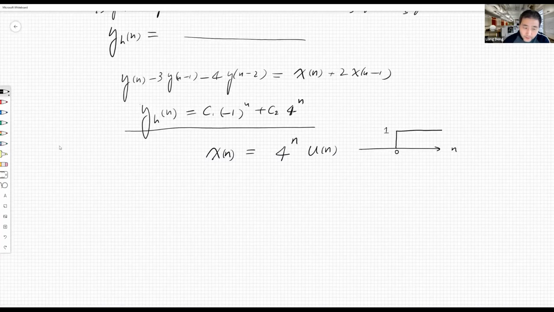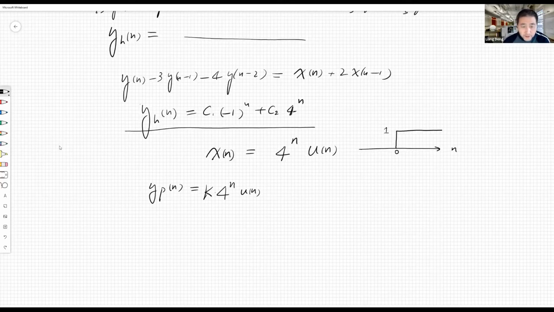The particular solution y_p[n] follows the format, which is 4 to the power n. Let me also put a u[n] to make sure it's a causal signal as well, times a K. K is a constant we don't know. I need to solve for that. But here we have a problem.